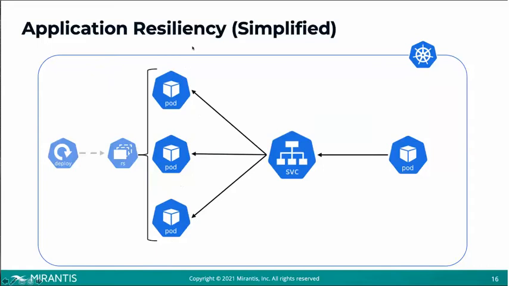So should this pod go down, well, that's great. The service will be able to detect that that pod is down and will not route traffic this way, but continue to route traffic to these other pods. Should this pod get recreated and come online and be ready, the service object will know specifically about that new pod and will resume passing traffic to that new pod.